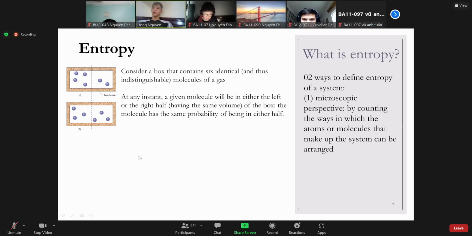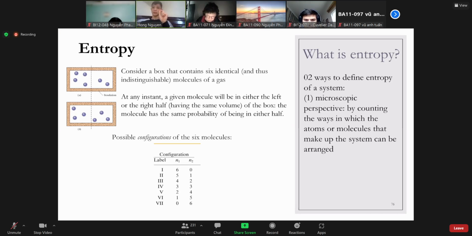Is it clear until here? If yes, okay, I continue. Then we can count the possible configurations of these 6 molecules, right? For example, configuration number 1 is the configuration where all 6 molecules are found in the left of the box.